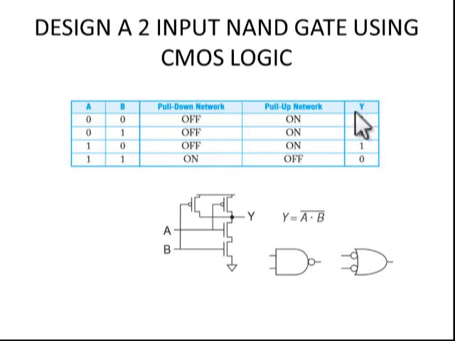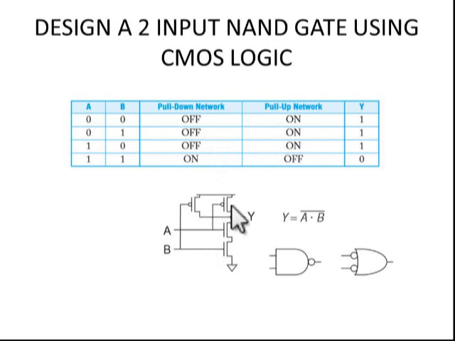I'll repeat it again. When output is 1, pull-up network should be on. When output is 0, pull-down network should be on. So how to make this? If we connect PMOS in parallel, we will get this. And if we connect NMOS in series, we will get this.